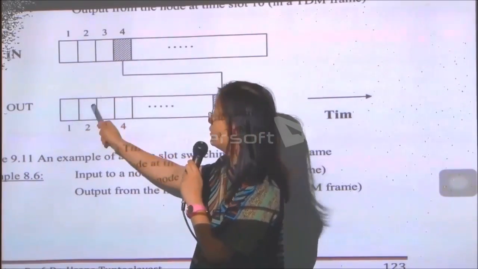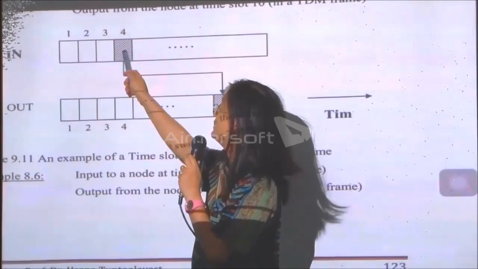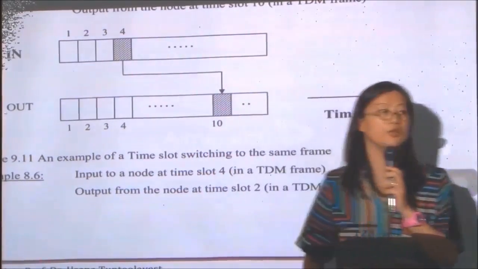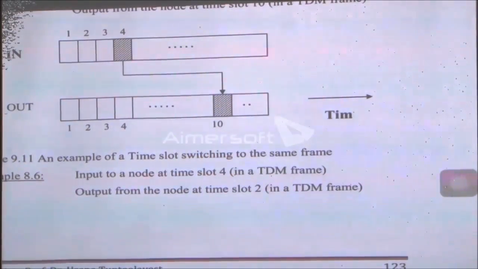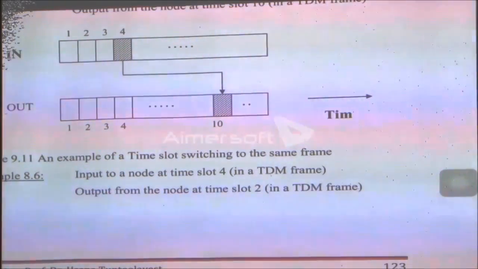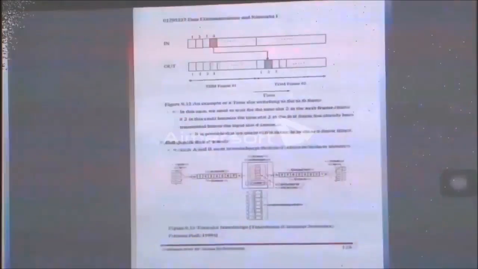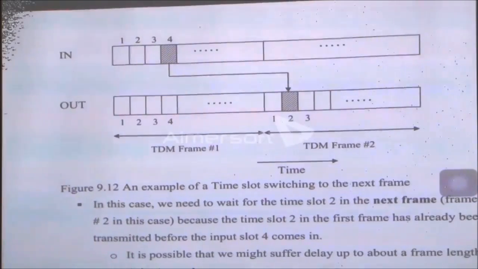Number 2 went out already before you got this data. So how do you send from number 4 to number 2, okay? I mean, you can send from number 4 to 5, 6, 7, 8, 9, 10, that's okay. But how do you send number 4 to number 3, to 1, okay?